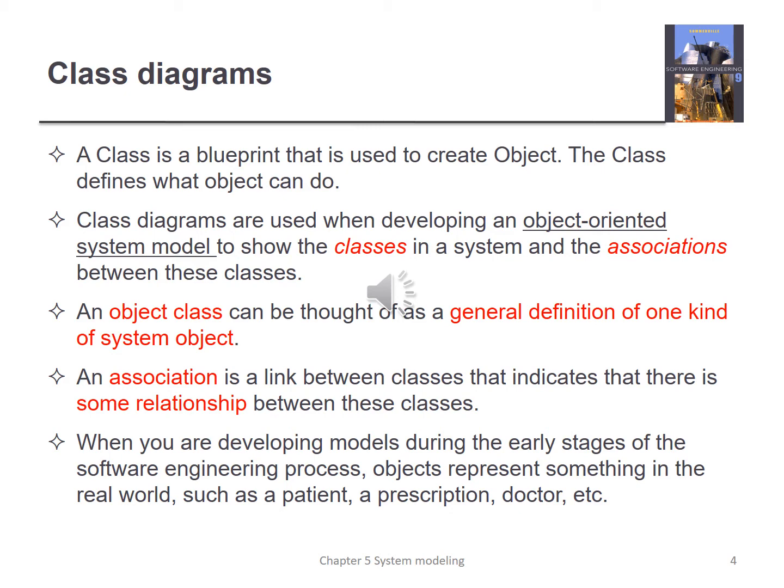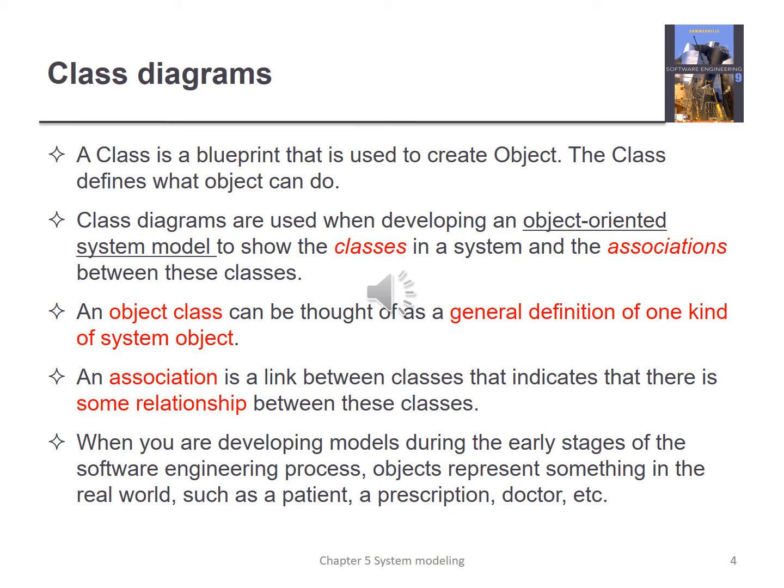Class diagrams are used when developing an object-oriented system model to show the classes, the objects of the system, and the associations between them.